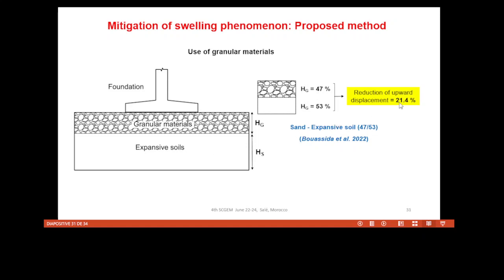And from the oedometer test, we recorded a reduction of the upward displacement by 21%. So that means we are suggesting here a simple method: to use a compacted granular material as an interface between the foundation and the expansive soil.